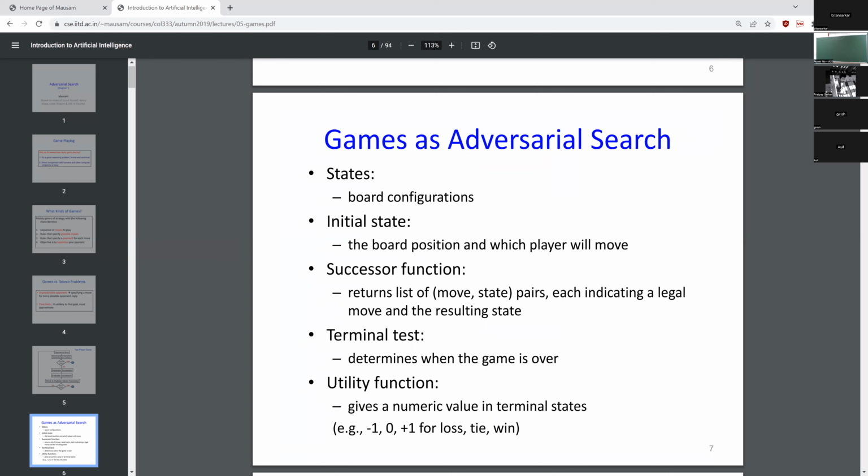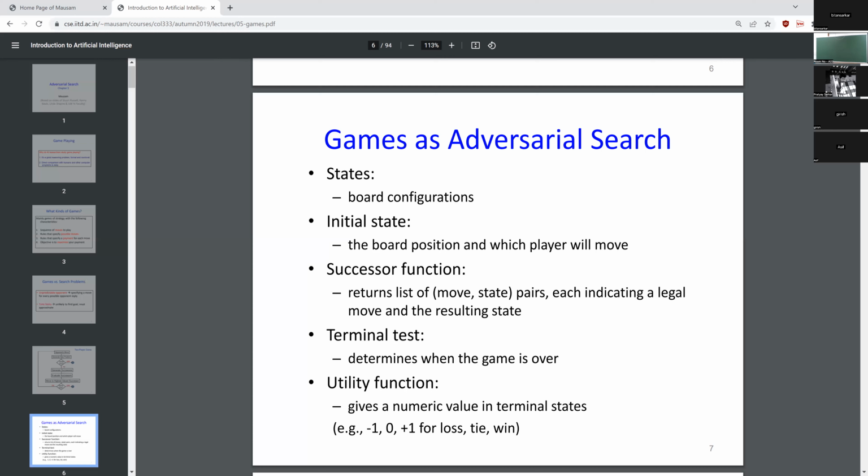Additionally, there is a test of terminal. There is a function called the terminal test function, which determines when the game is over. It takes a state and it outputs yes if the game has terminated, or no otherwise. And this is the new thing that we see for the first time in adversarial search algorithms, which is the last point, a utility function.